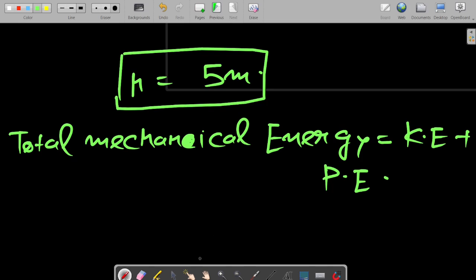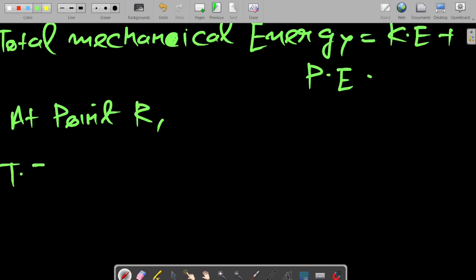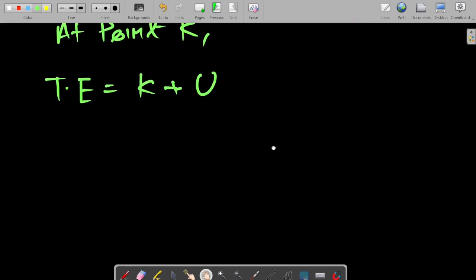So now at point R, total energy is equal to kinetic energy plus potential energy, and we have to determine the kinetic energy.